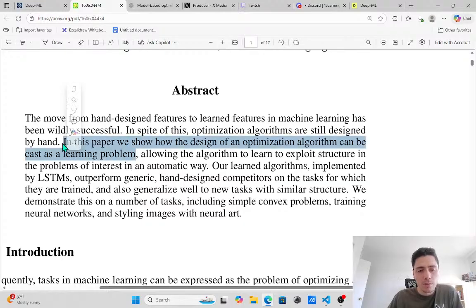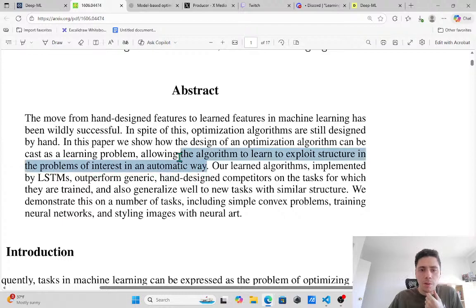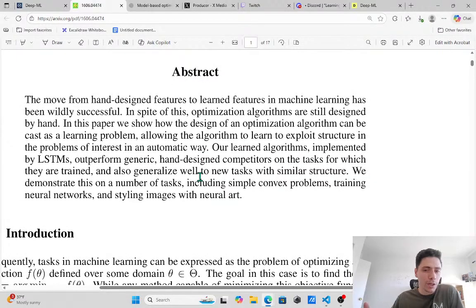So here they're trying to make an optimizer that can learn from the problem, allowing the algorithm to exploit structures in the problem of interest. Okay, so it's saying we want to basically train an algorithm that does gradient descent.